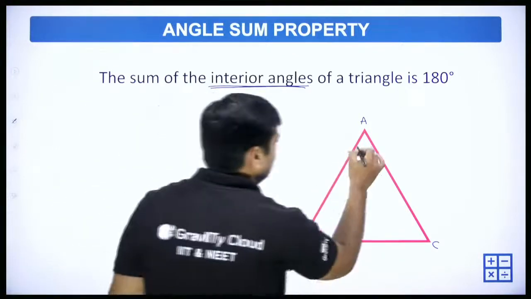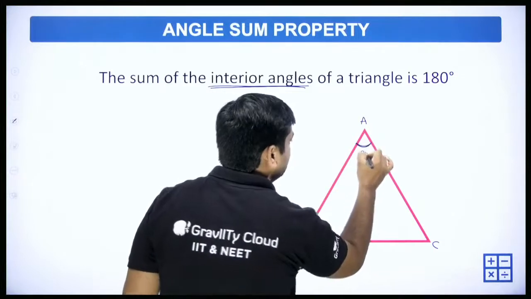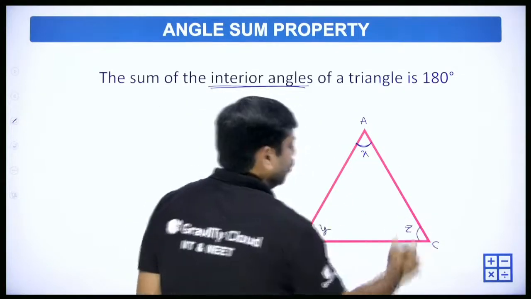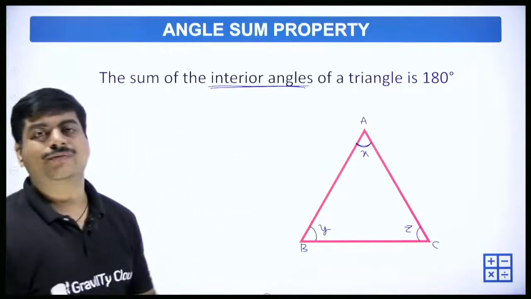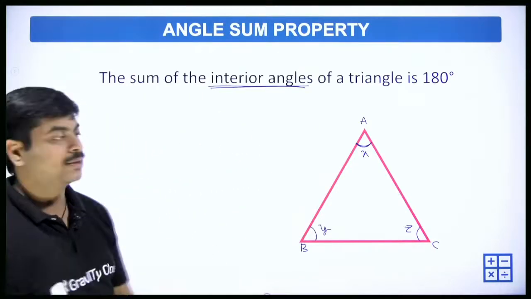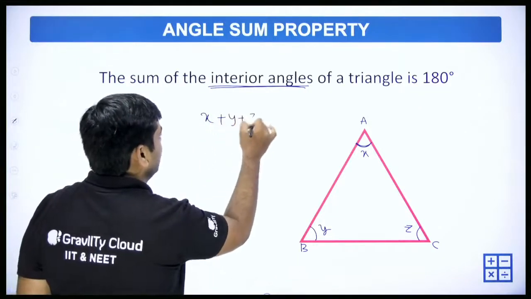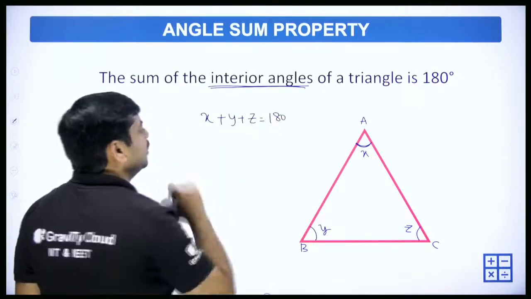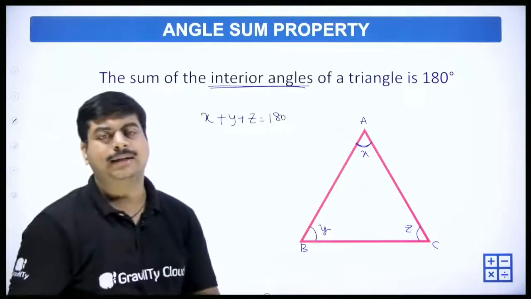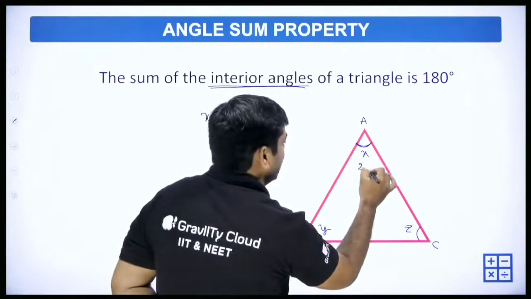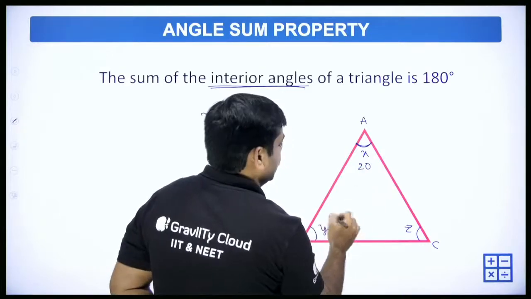Let me write that this is one angle X, this is one angle Y, and this one angle Z. So the property here is all the angles will add up to give you 180 degrees. So angle X plus Y plus Z is equal to 180 degrees, and there are simple applications behind that. I'll give you this angle as 20 degrees, this angle as 50 degrees. So what is the other angle?